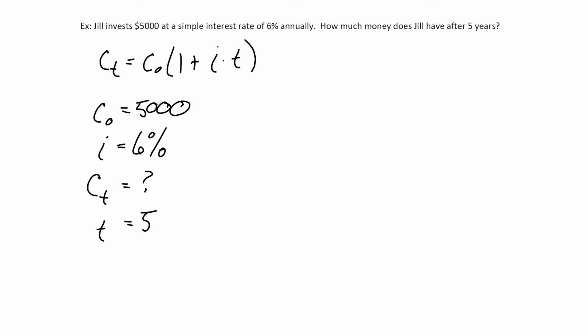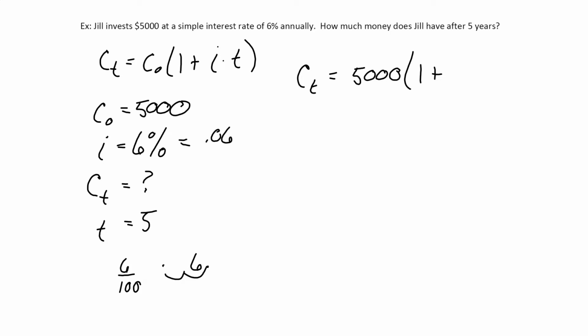Let's go ahead and substitute each of these values into the equation. The initial investment times 1 plus now the I at 6%. 6% is 0.06. Remember, 6% is 6 out of 100. If you divide 6 by 100, you're moving the decimal place 1, 2 places.